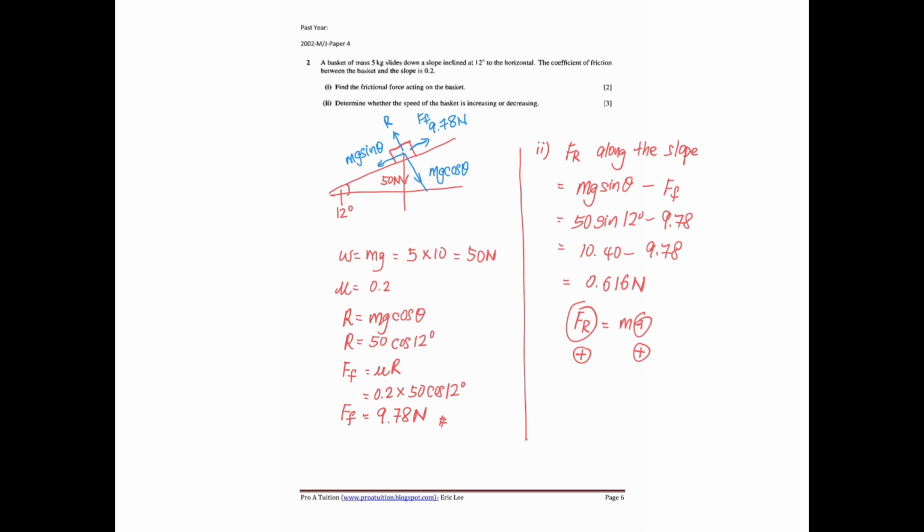So we can conclude this is accelerating. But we follow the wording of the question. The question said the speed of the basket is increasing or decreasing. Accelerating means speed is increasing. So we just write the speed is increasing.